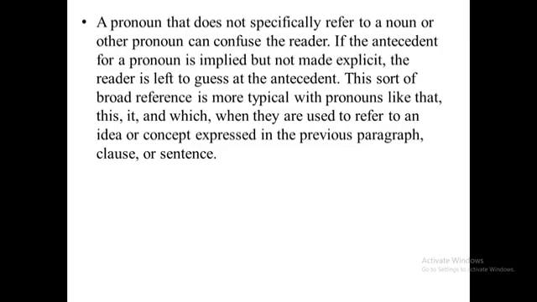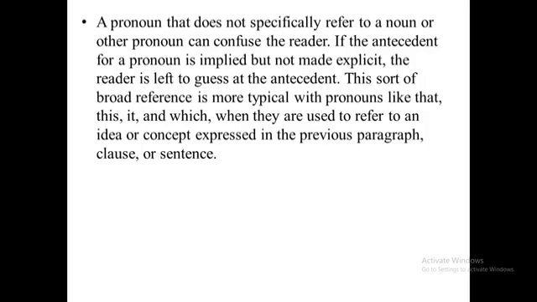If the antecedent for a pronoun is implied but not made explicit, the reader is left to guess at the antecedent. This sort of broad reference is more typical with pronouns like that, this, it and which, when they are used to refer to an idea or concept expressed in previous paragraph, clause or sentence.